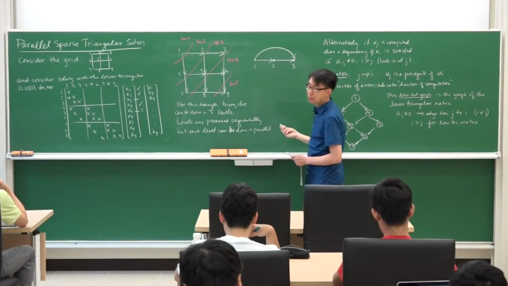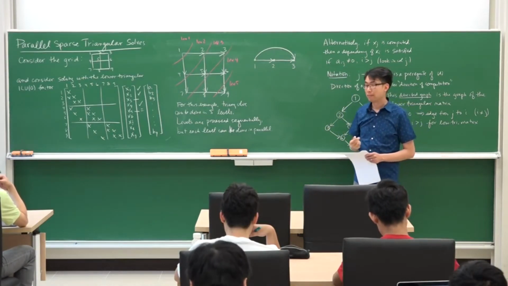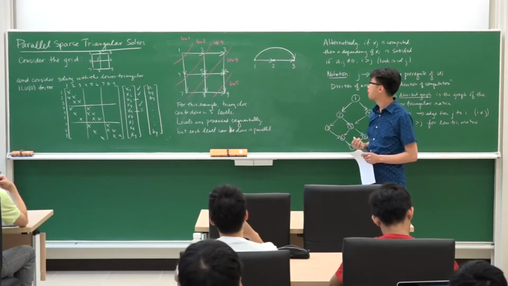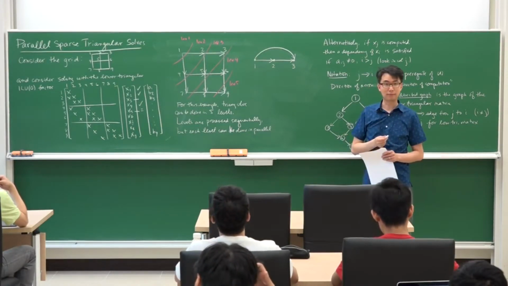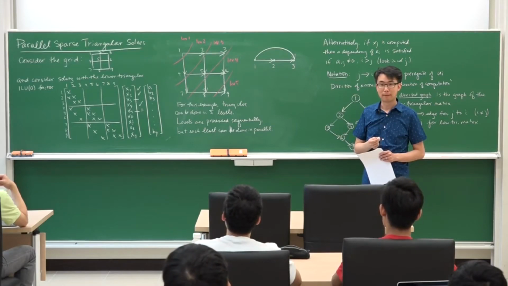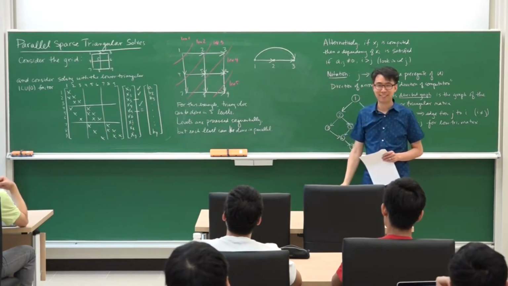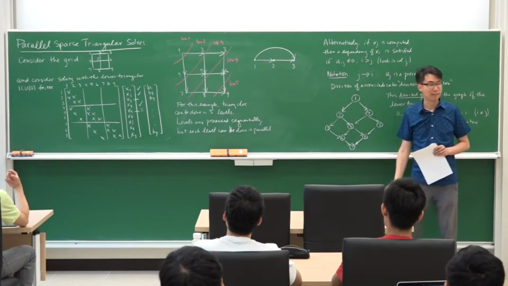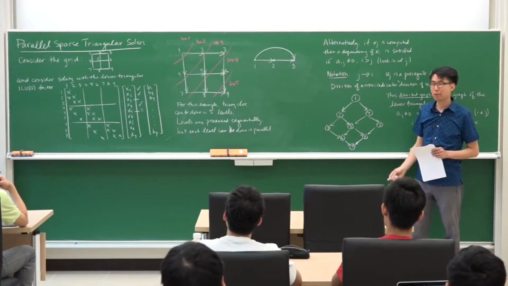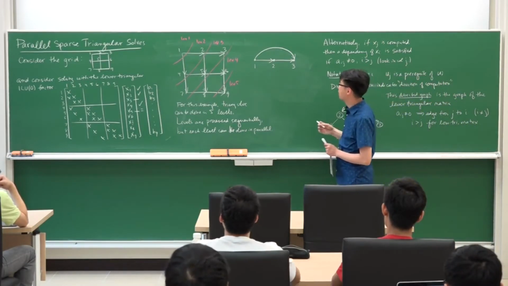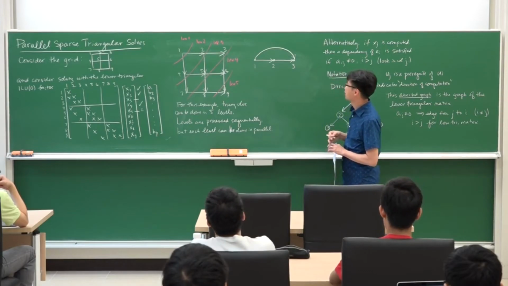So this is just a 3 by 3 matrix, right? How many levels are there? 5 levels? No, for this problem. If we were to solve the triangular factor, how many levels are there?